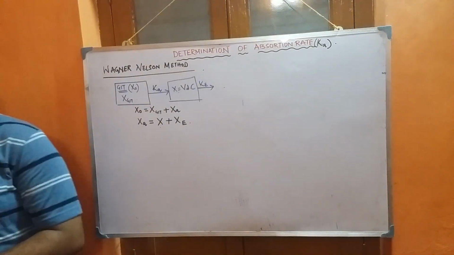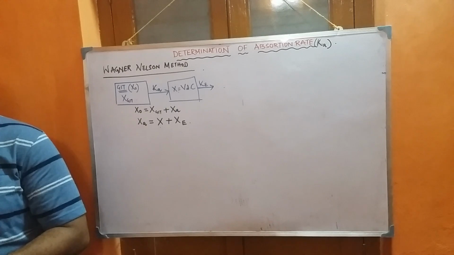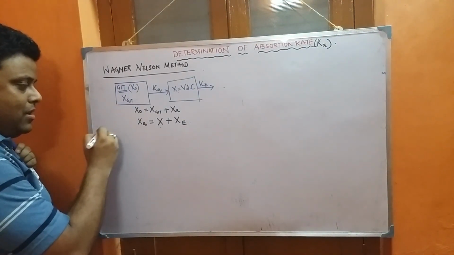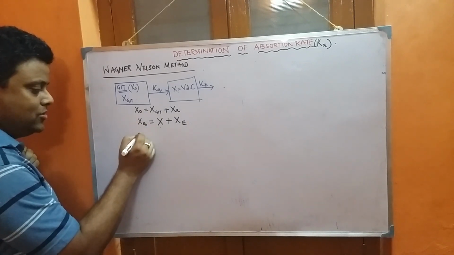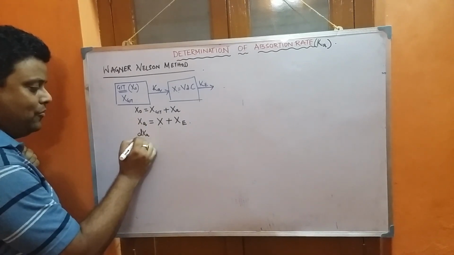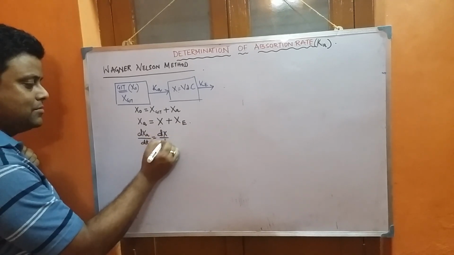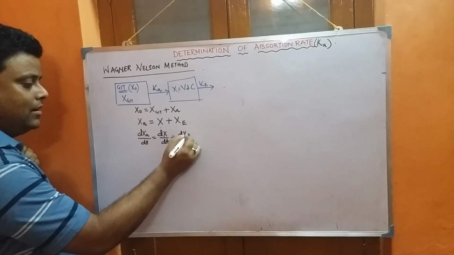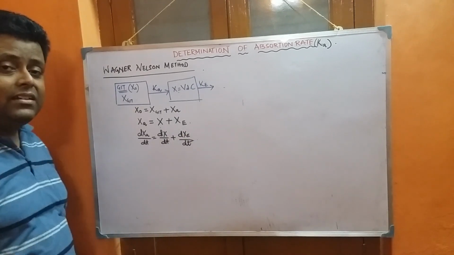Now what we are going to do is, firstly we will consider the derivatives. So we will differentiate this equation. The rate of change of XA with time equals dX by dt plus the rate of change of drug in the urine, we can write like this.